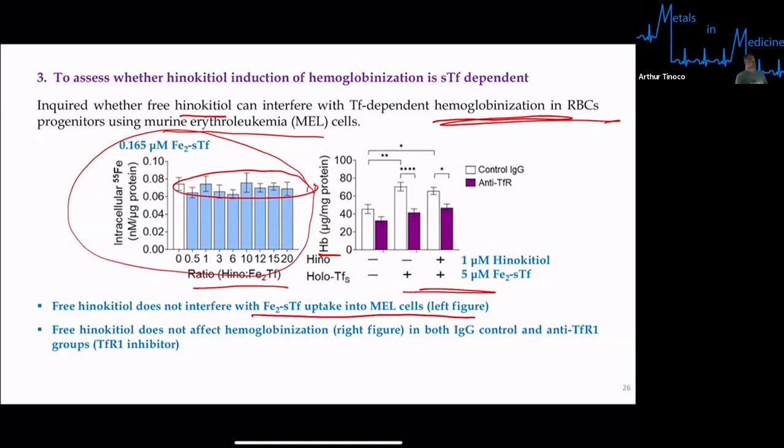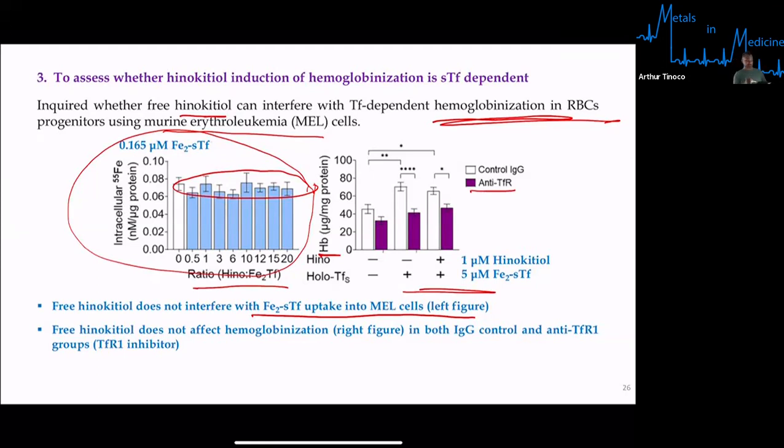They basically dosed with something that is a globulin protein and also an antibody for the transferrin receptor. The purpose of the antibody is that they wanted to inhibit some amount of the transferrin going in. That antibody binds to the protein and interferes with the iron-bound transferrin interacting with the protein.